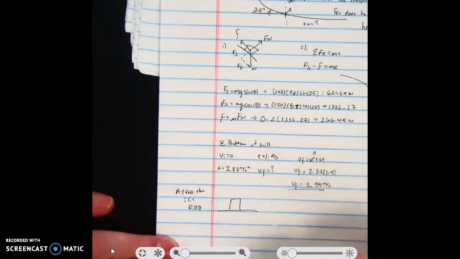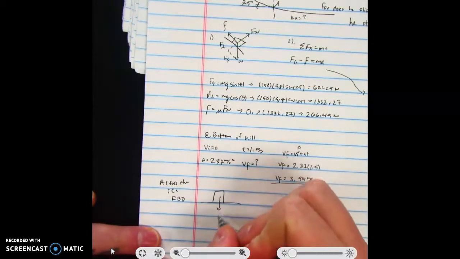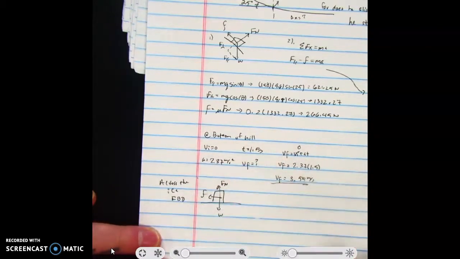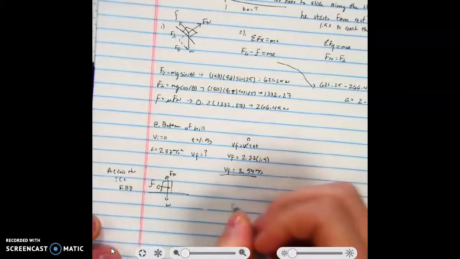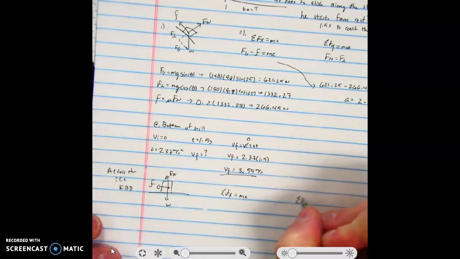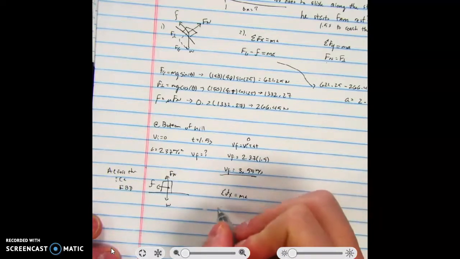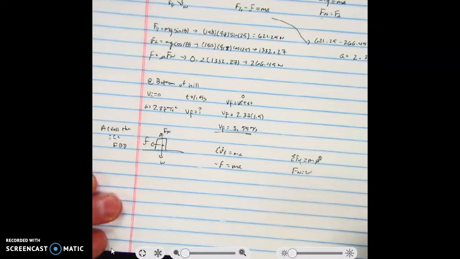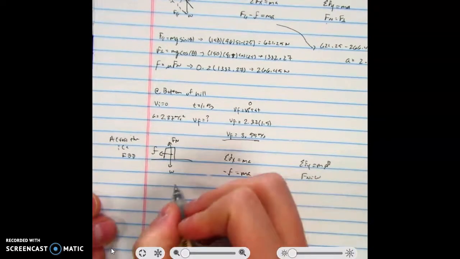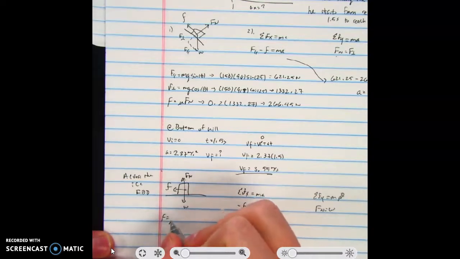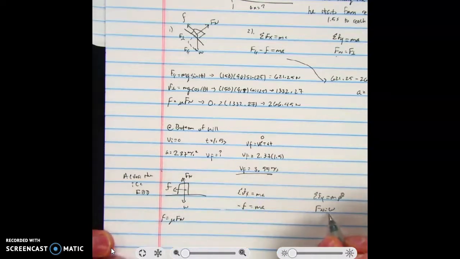On a flat surface, we have weight, force normal, and friction, with friction slowing him down. Summation of forces in the x equals ma, and summation of forces in the y equals ma. Force normal is equal to weight, and negative friction is equal to ma. Friction is still our mu times force normal, and in this case, force normal is equal to weight.